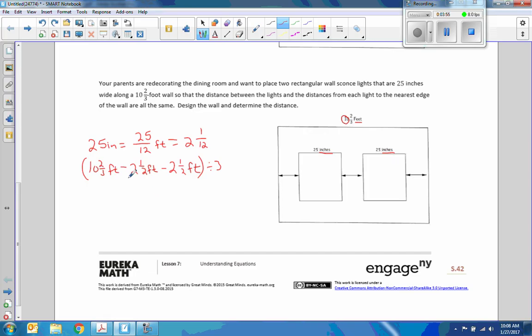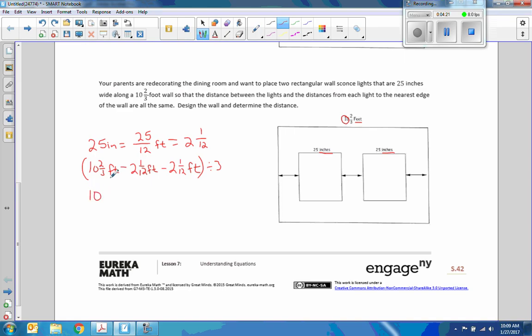So in order to finish this, I need to change my denominators to common denominators, and we're talking about, oops, that's not 2 1/2, it's 2 1/12. Okay, we're talking about feet and our common denominator, so we can add and subtract whole numbers, no problem. So I'm going to leave those for now.